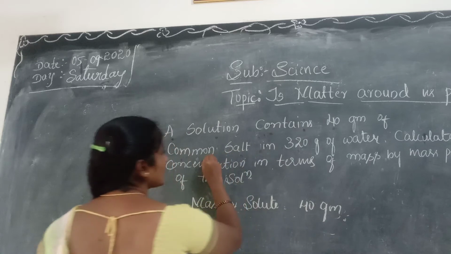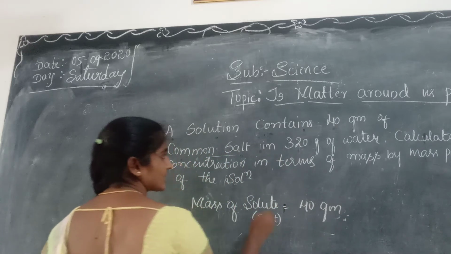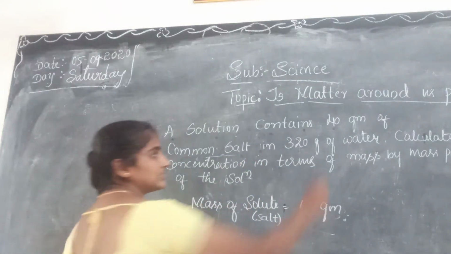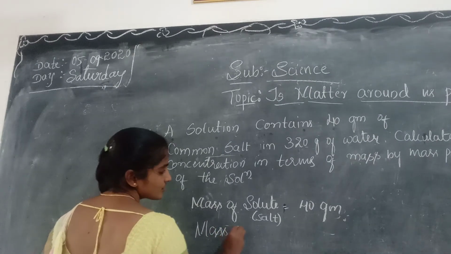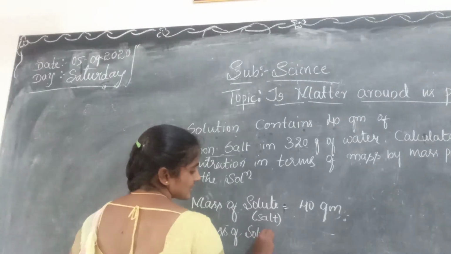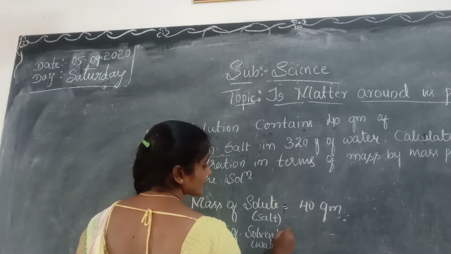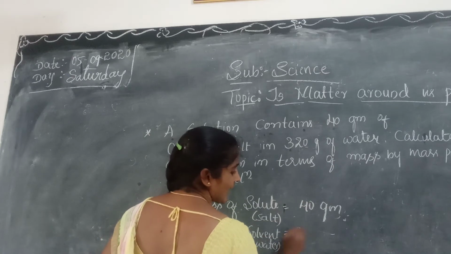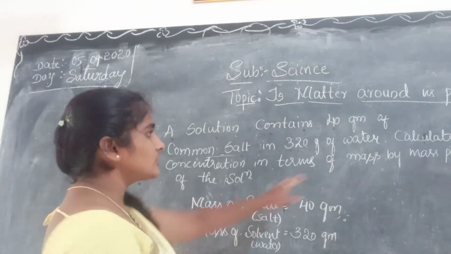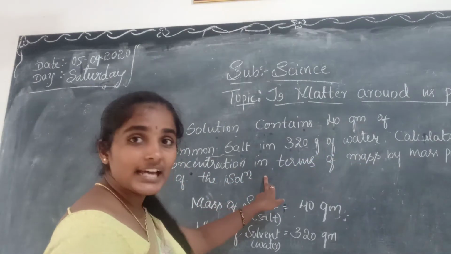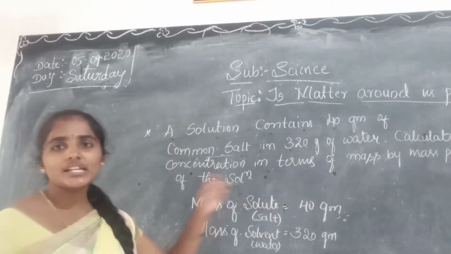The common salt is the solute, and it is a solid. The mass of solvent, that is water, is 320 gram. We will find the concentration in terms of mass by mass percentage of the solution.